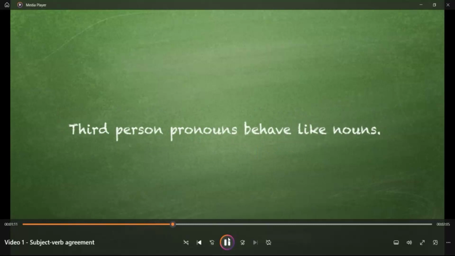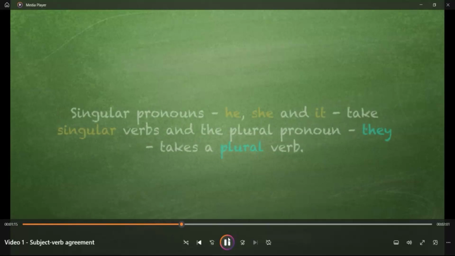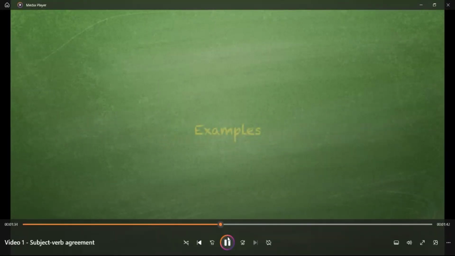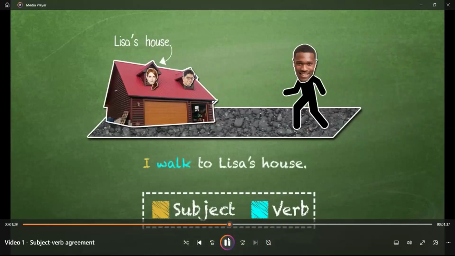Third-person pronouns behave like nouns. Singular pronouns, he, she and it, take singular verbs, and the plural pronoun, they, takes a plural verb. However, all first and second person pronouns, I, you and we, take plural verbs. Examples: I walk to Lisa's house.